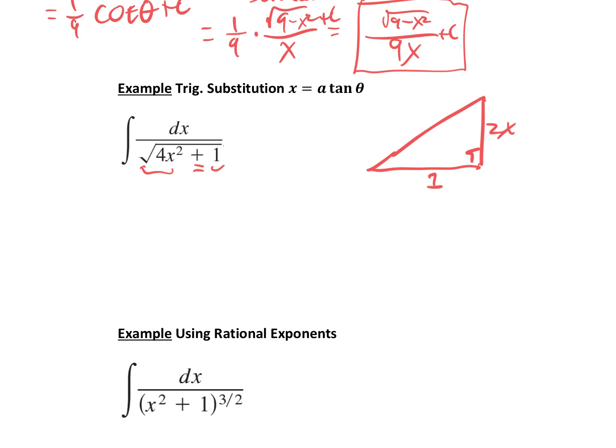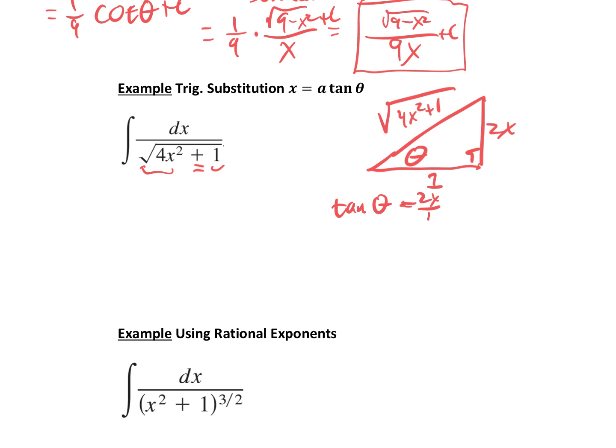So this is theta, and this is the square root of 4x squared plus 1 squared, which is 1. So now we have that. We're all ready to say the tangent of theta is, in this case, 2x over 1.